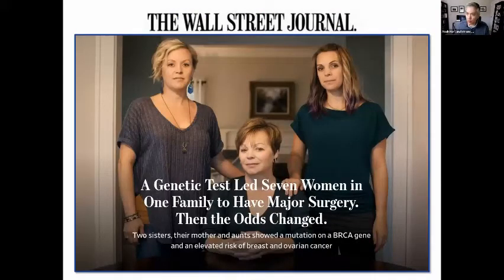So this is an example from the Wall Street Journal a few months back about a different genetic disease. This family was diagnosed with a mutation, a misspelling in a gene called BRCA1. You may have heard about this one because it's the cause of breast cancer in both men and women, and ovarian cancer as well.